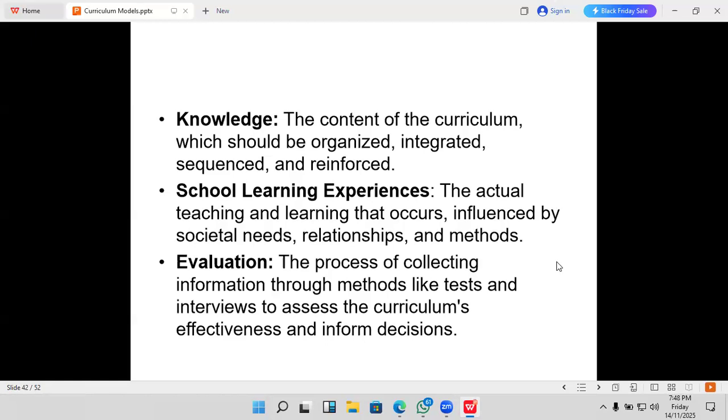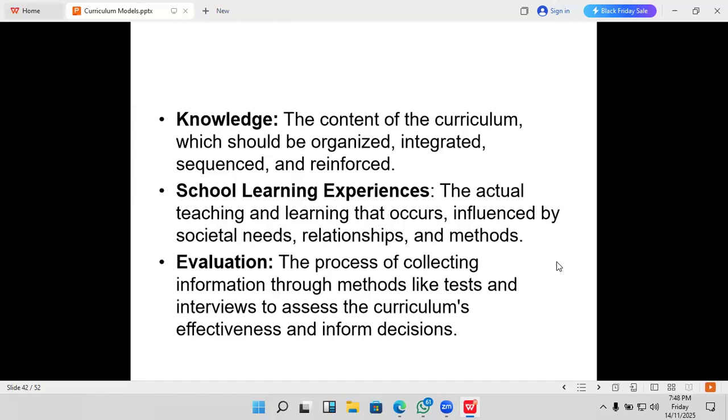Number two, school learning experience, the actual teaching and learning that occurs, influenced by social needs, relationships, and method.